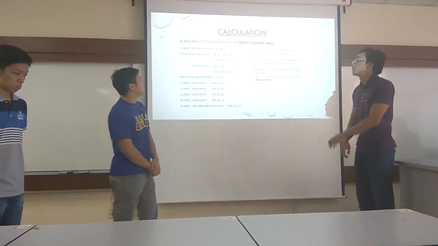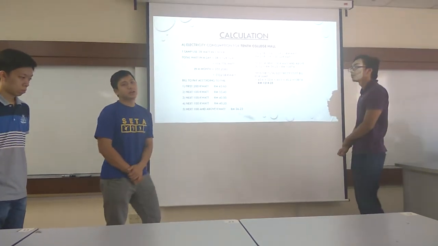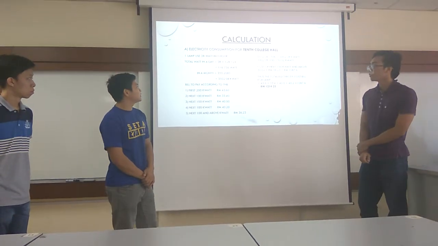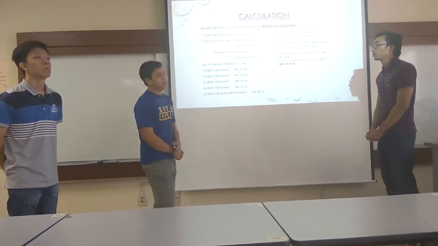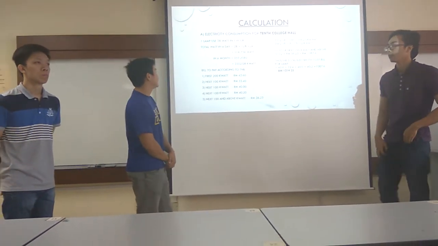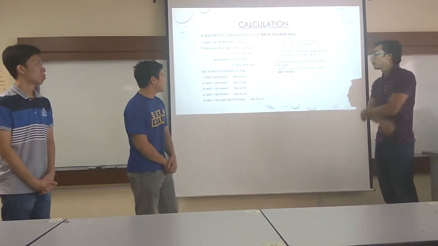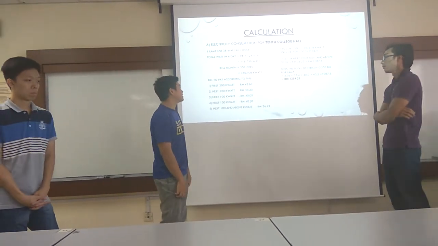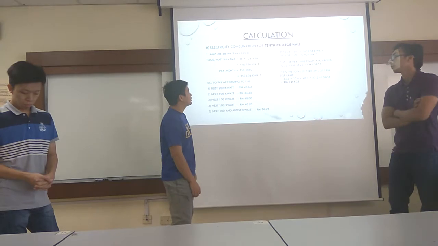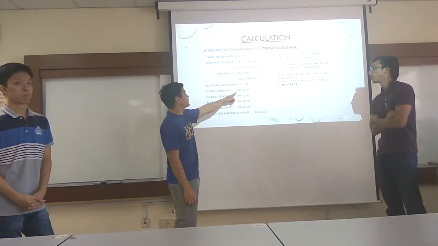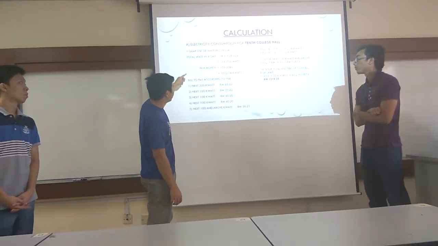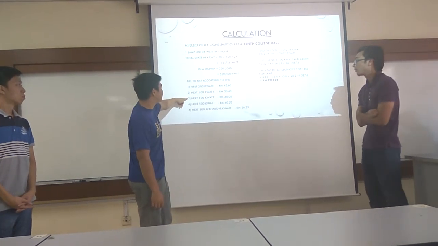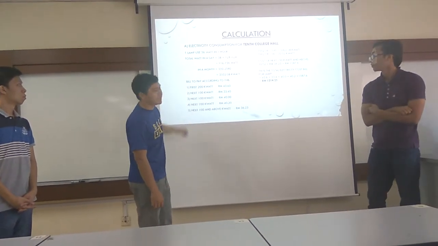And how we calculate the bills is according to the rates TNB already fixed. For the first 200 kilowatt, the cost for the energy is 43 ringgit, and we do it for number 1, number 2, number 3, and until number 4.